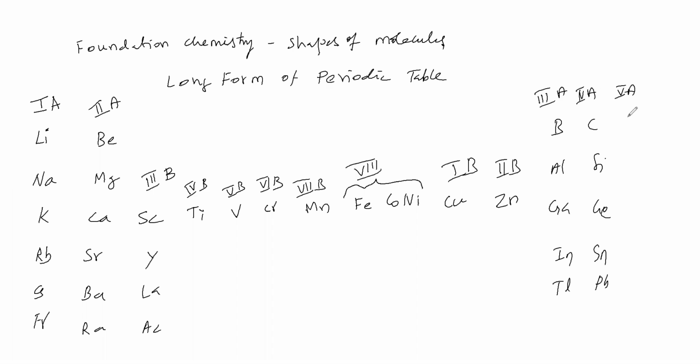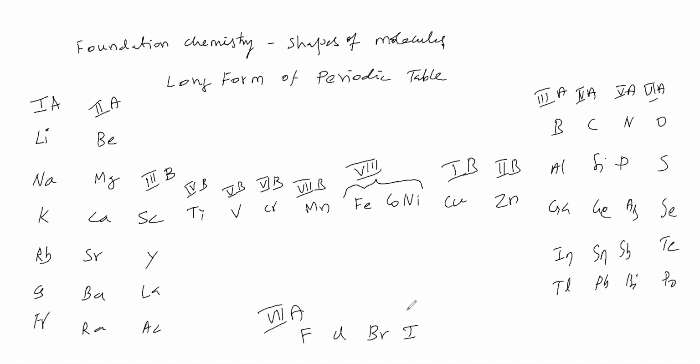Next 5A: nitrogen, phosphorus, arsenic, antimony, bismuth. Next 6A: oxygen, sulfur, selenium, tellurium, polonium. Next the 7A group: F, Cl, Br, I. The last group is 0, the noble gases: helium, neon, argon, krypton, xenon, radon.